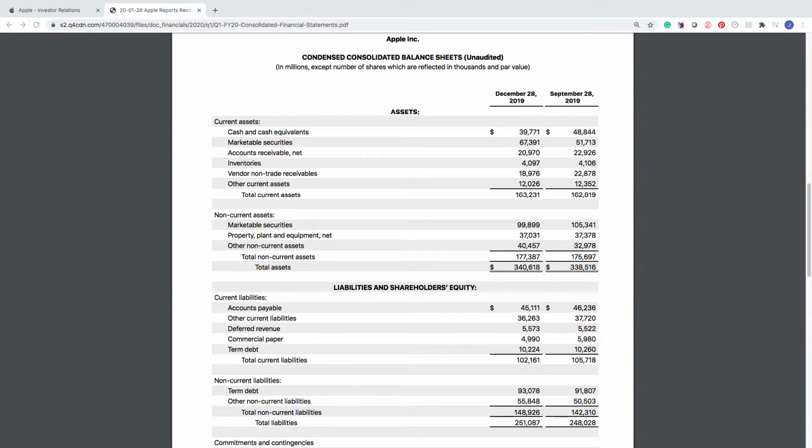So if you keep going down, the next item here is accounts receivable. Now, what's accounts receivable? Say Apple has sold an iPhone or has provided a service to a customer, but they haven't yet received the money for it.